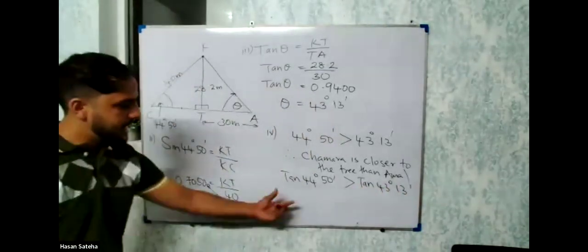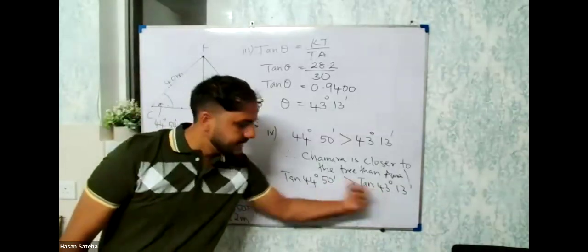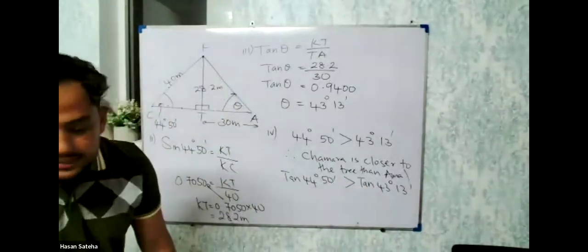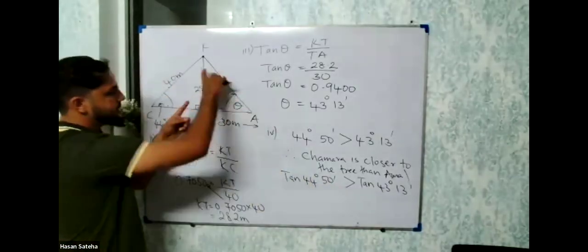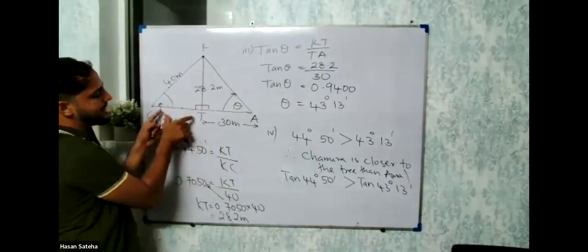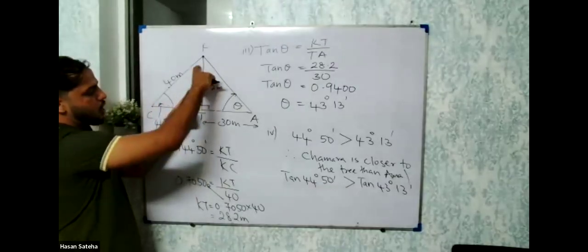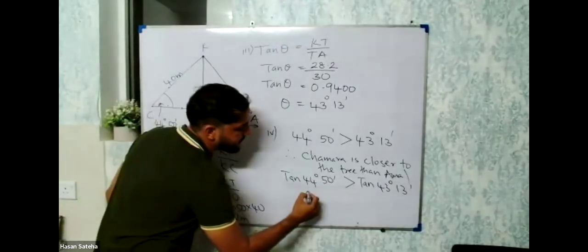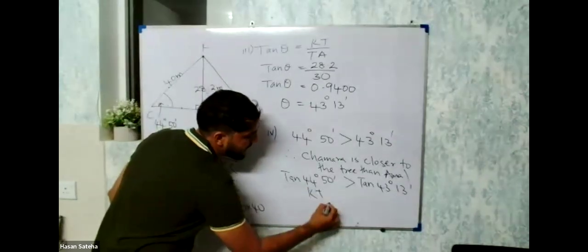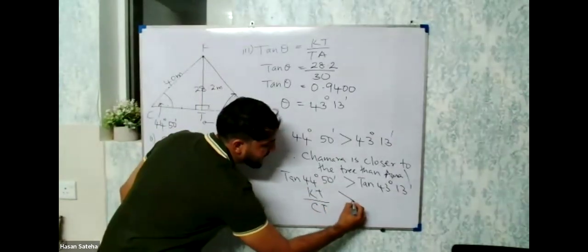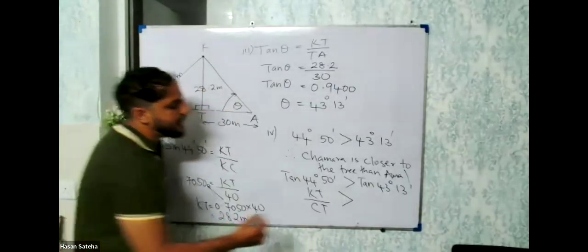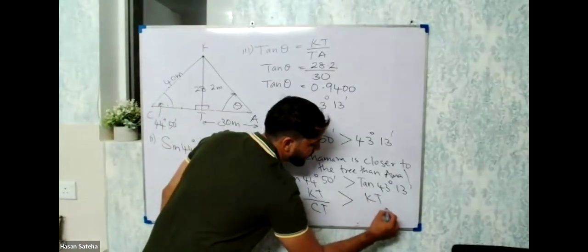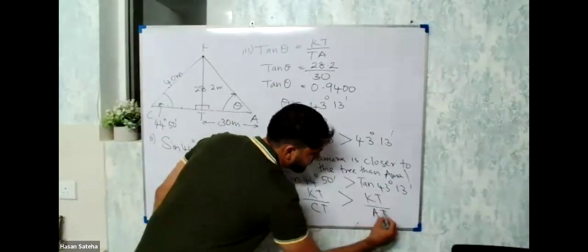Do you agree? Now, what is tan 44 degrees 50 minutes? That is opposite over adjacent, for the angle I'm relating: KT over CT. So KT divided by CT is greater than tan 43 degrees, which is again KT over AT.